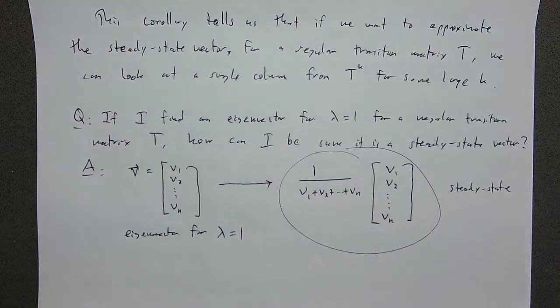So this relies on two things, right? The fact that you can always scale an eigenvector by some scalar and end up with an eigenvector corresponding to the same eigenvalue.